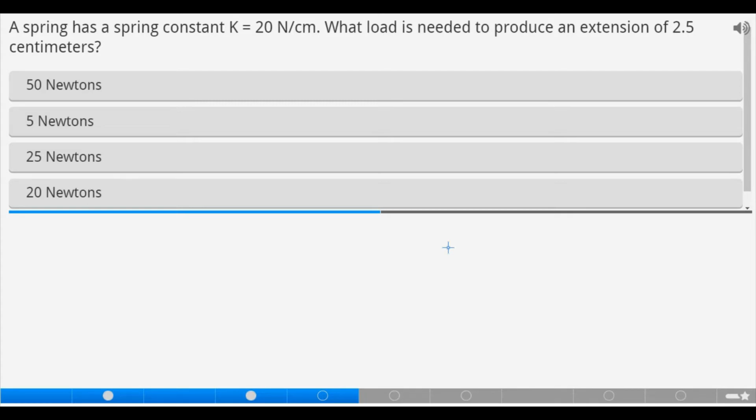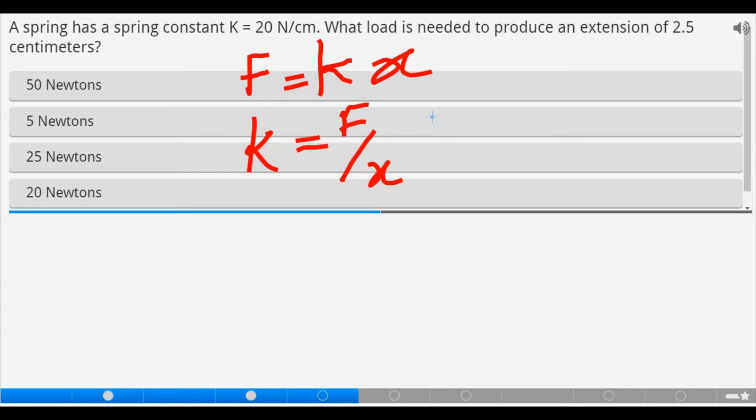We already know that F is equal to Kx. Now, our K is equal to F over x, or our x can be written as F over K. But here, we are asked to look for the load.